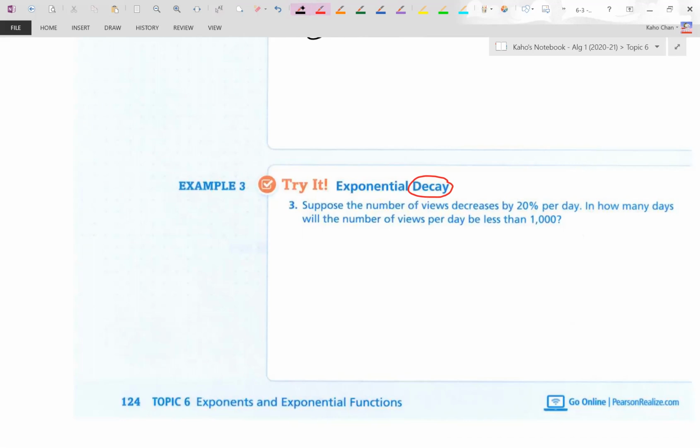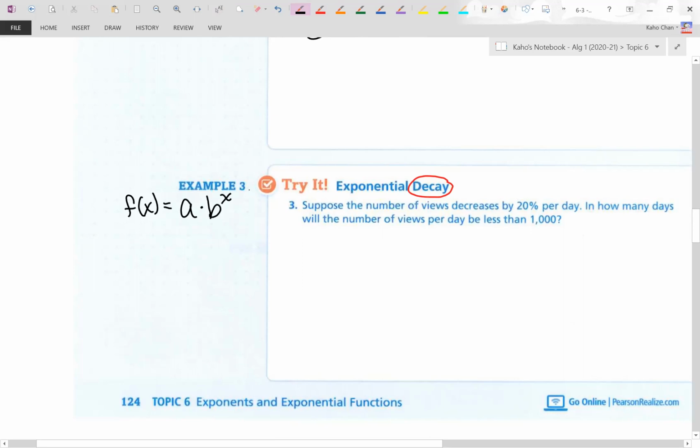We're going to use the same function again, f of x equals a times b to the x, with the base, right? But instead of adding a common ratio, we're now going to subtract a common ratio or rate. So the formula is just either adding r or subtracting r. This is considered decay.